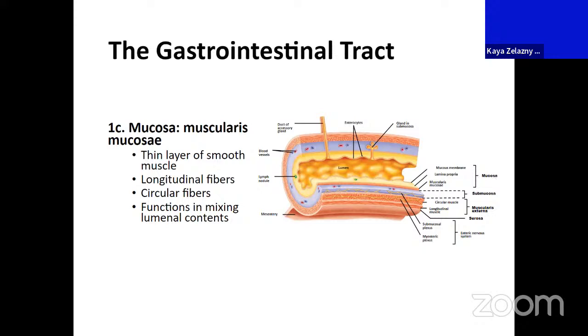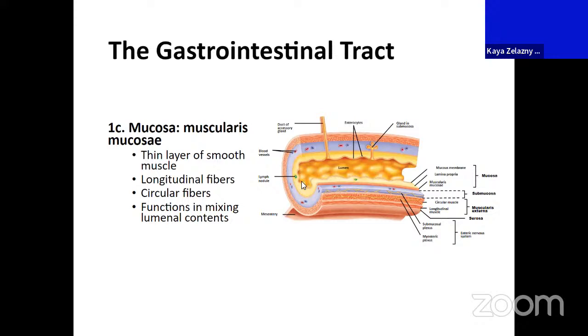So we're going to spend some time when we talk about motility and movement of food, thinking about, okay, are we squeezing this stuff like a sphincter, or are we squeezing it lengthwise? So we've got longitudinal muscle here, not circular muscle, when we are looking at this muscularis mucosae. And then around that we're also going to have circular fibers.